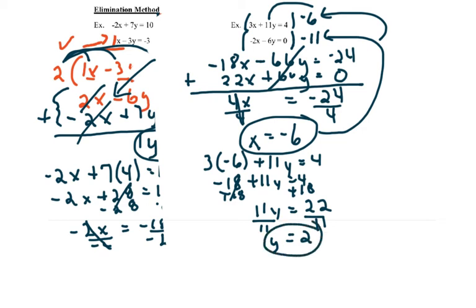Got my x, got my y. We have our solution. It's the point negative 6, 2. Not negative 2, sorry. So, again, given my solution, negative 6, positive 2, I can plug those back into the system of equations to check to see that I'm correct. And that is the elimination process.